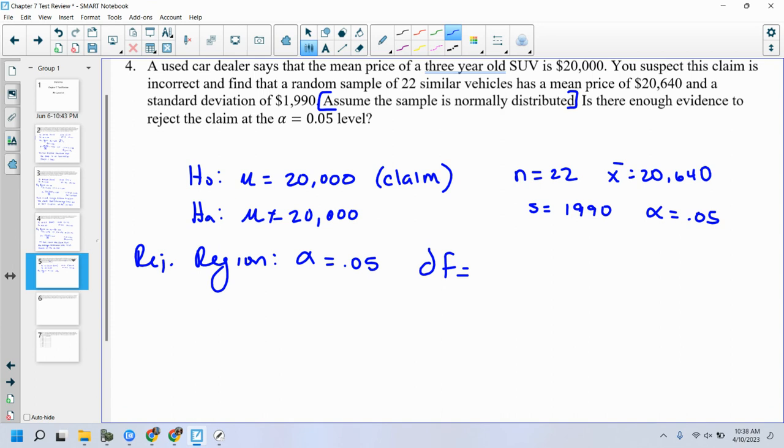What is my degrees of freedom? 21. So I go down to 21 and look at the two-tail 0.05: 2.08. So t critical is 2.08, which means my rejection region is t less than negative 2.08 or t greater than positive 2.08. If either of those is true, I can reject.